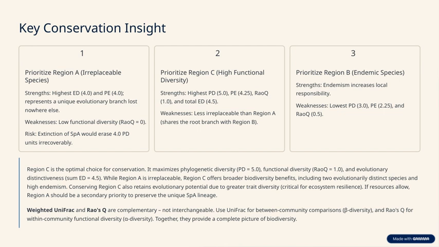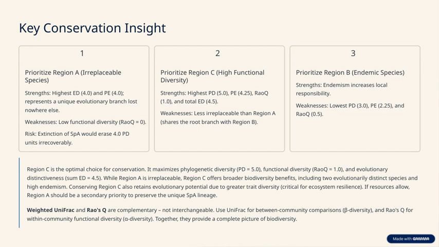However, one weakness is that it has low functional diversity, indicated by a ρQ of 0, which suggests limited variation in traits and ecosystem functions. The biggest risk here is that if SBA were to go extinct, we'd lose 4 units of phylogenetic diversity, PD, which would be an irreversible loss.